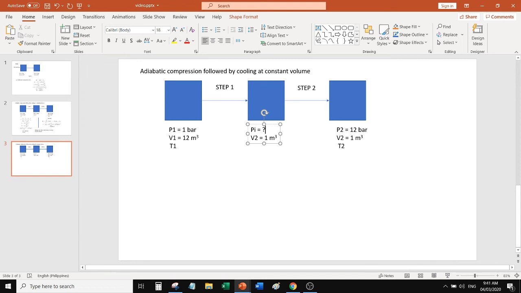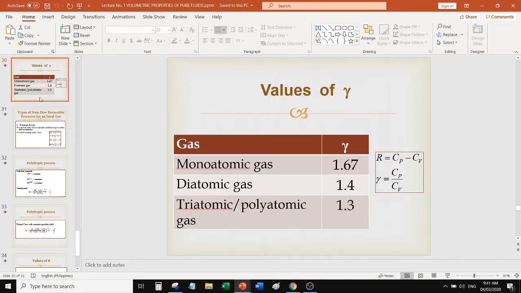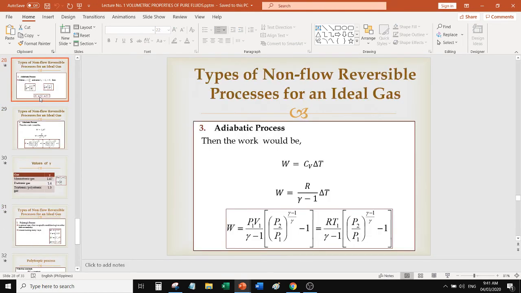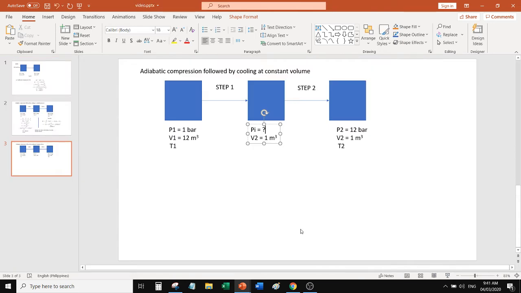The same with the previous problem. We need to calculate the intermediate pressure first using the equations for adiabatic process. So let's go back to the equations of adiabatic process. We still use the same relationship, but this time, V intermediate is unknown.